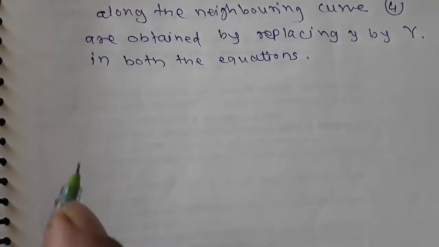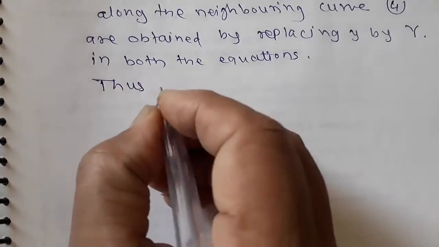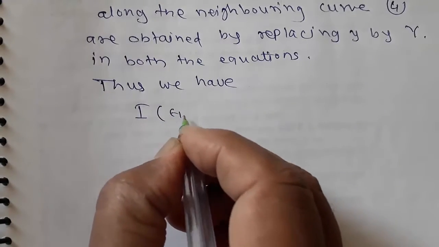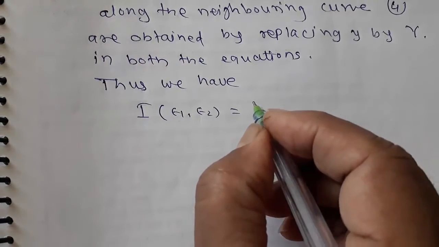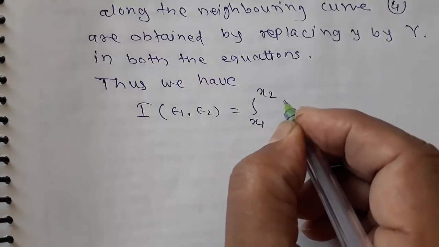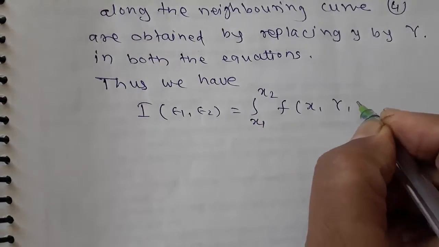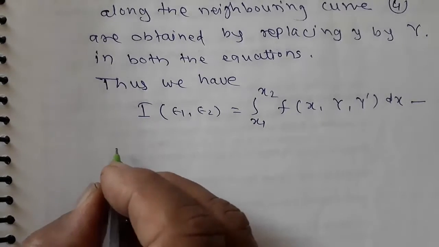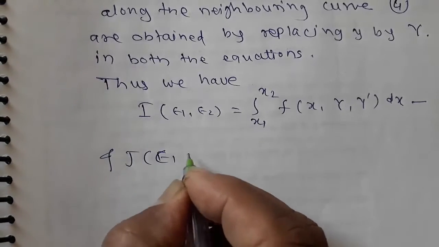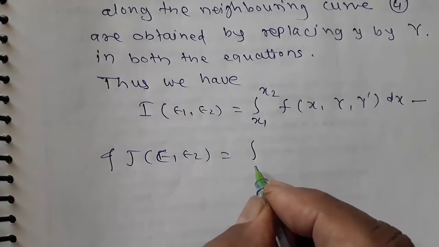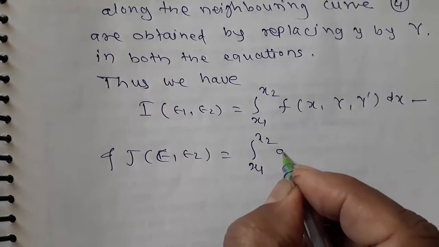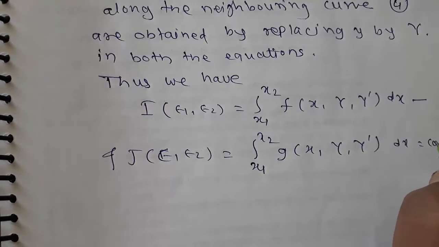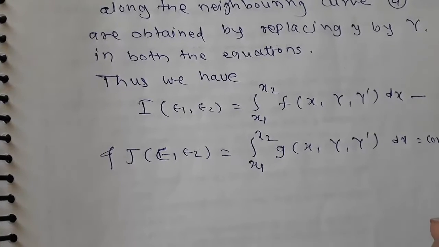Thus we have I(epsilon 1, epsilon 2) equal to integral x1 to x2 of f of x, Y, Y dash dx, equation 6, and J(epsilon 1, epsilon 2) equal to integral x1 to x2 of g of x, Y, Y dash dx equal to constant. This is equation 7.